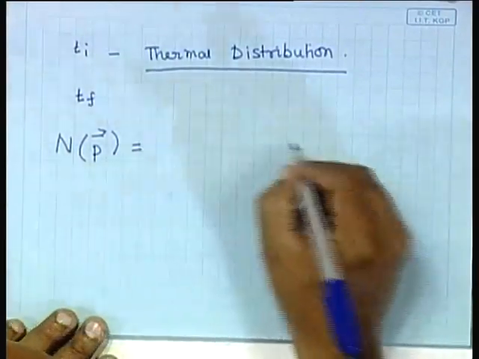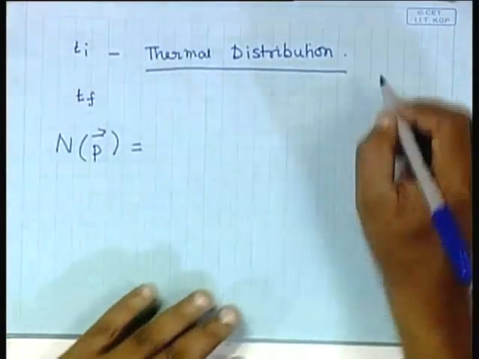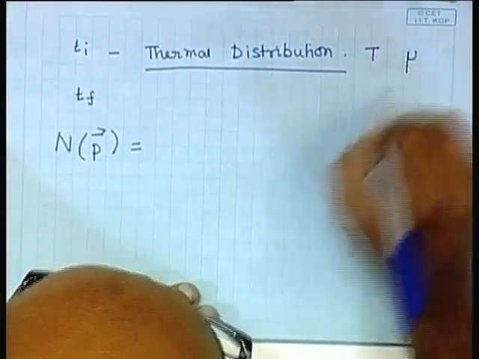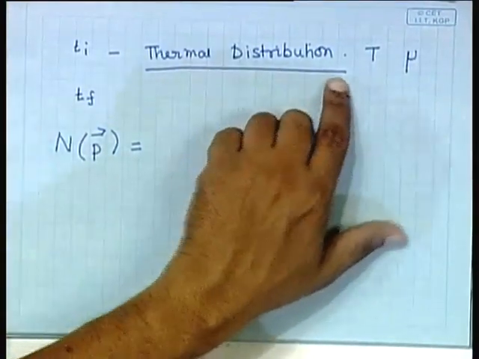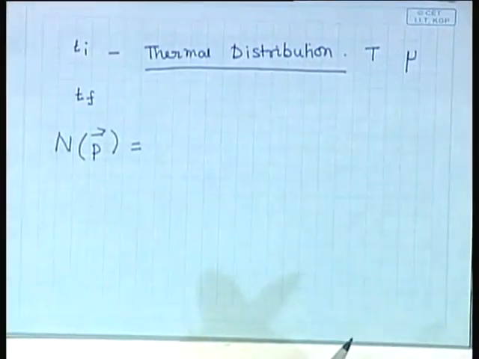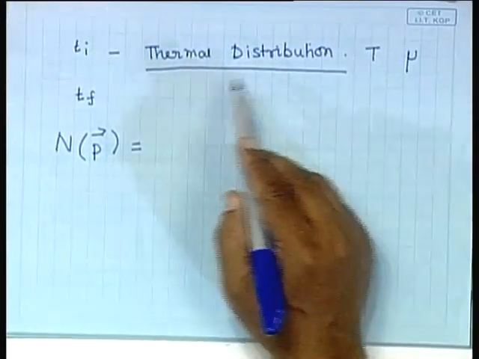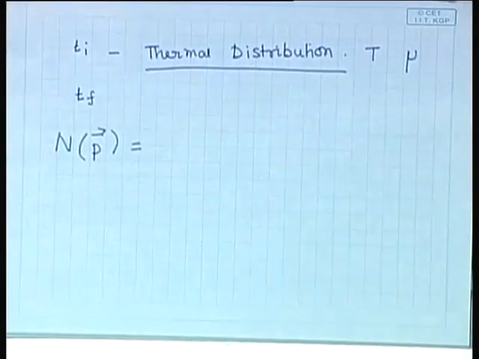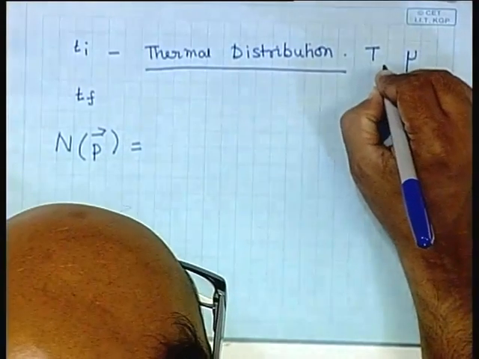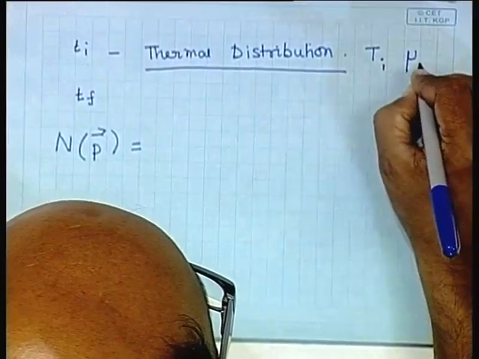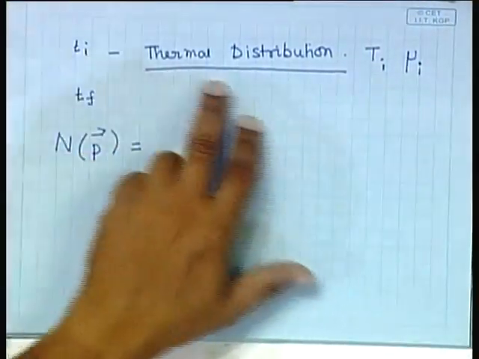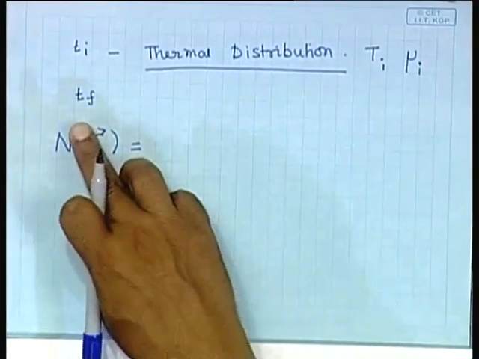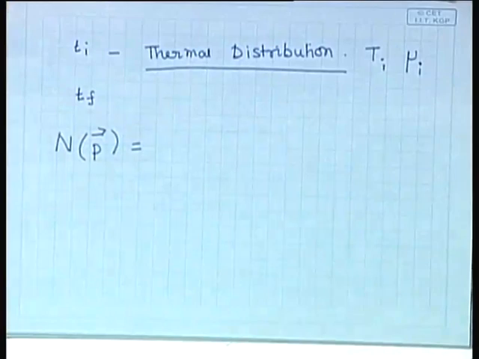this is the same thermal distribution. So, at the initial time it is a thermal distribution with temperature T and chemical potential mu, right, that is what specifies the thermal distribution, the temperature and the chemical potential. These are the initial temperature and the initial chemical potential at a time Ti. Okay. Let me put I over here, initial, that is, at the time Ti, this is the thermal distribution with temperature Ti and chemical potential mu I. Now, we want to calculate what is the particle distribution at a time Tf.